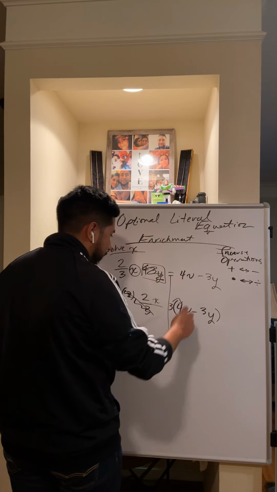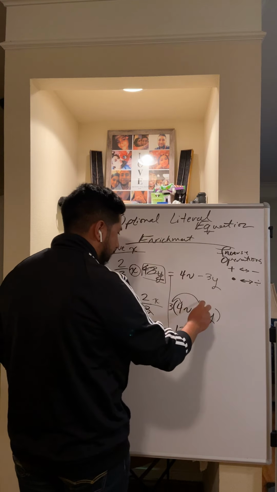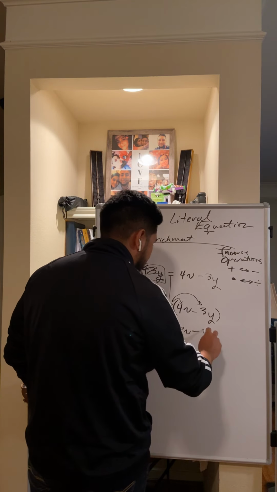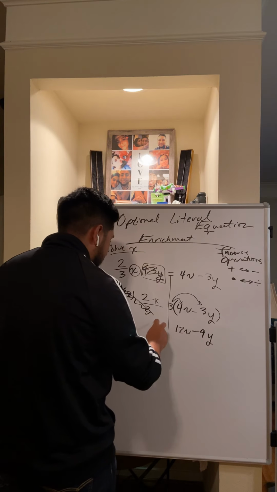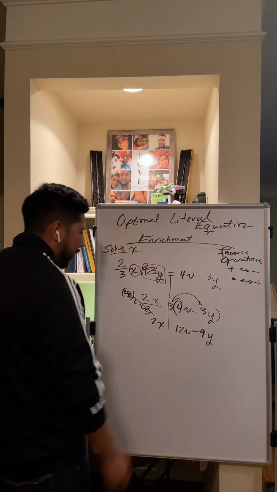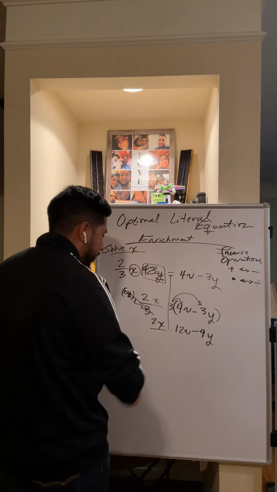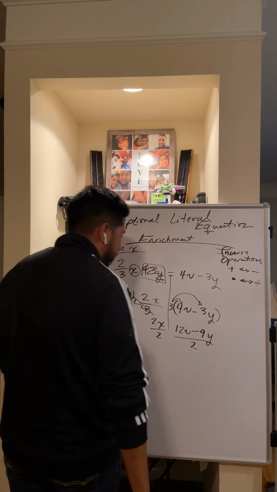Got 3 times 4, that's 12v. Got 3 times negative 3, that's negative 9y. And I'll bring down this 2x. And of course, my last step, got to get rid of that 2. Gonna be dividing by 2. Dividing everything by 2.